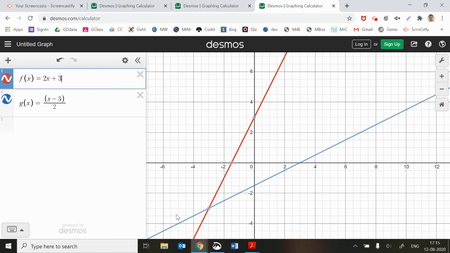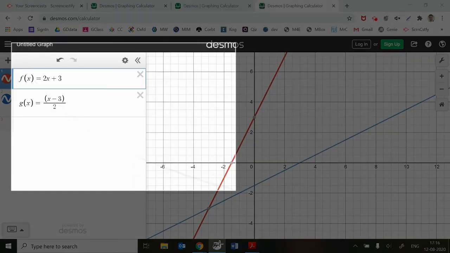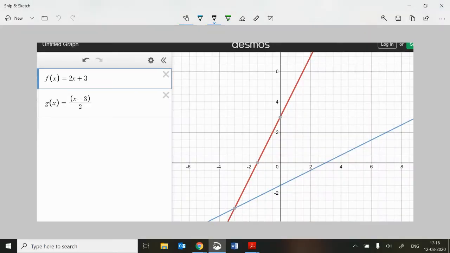Now, you will see in this case, just to discuss this, let's just take this screen. So, for example, if we put 1 into our original function, we can see that we get out 5.